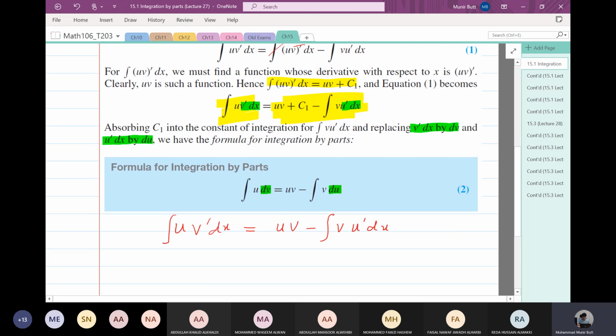So what you did, you write this u and v' dx as the differential of v. You remember, the differential of v is its derivative and then dx, because v is a function of x.